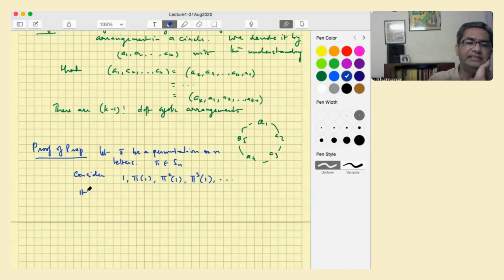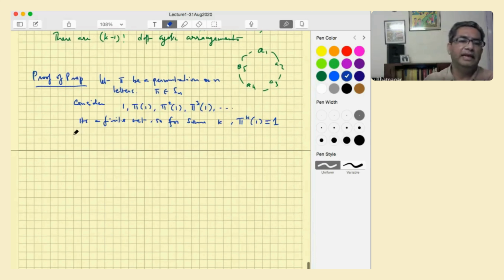So it's a finite set. So for some k, pi raised to k of 1 is going to be 1. And choose the smallest such k.